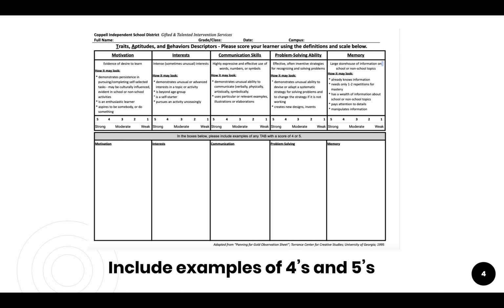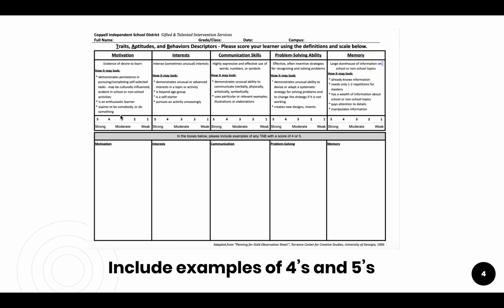So the comparison is if I'm rating a child by the name of Jennifer, I'm going to compare Jennifer to my average learner in my classroom. And in terms of motivation, is that learner the average or the typical as any other learner in my class?